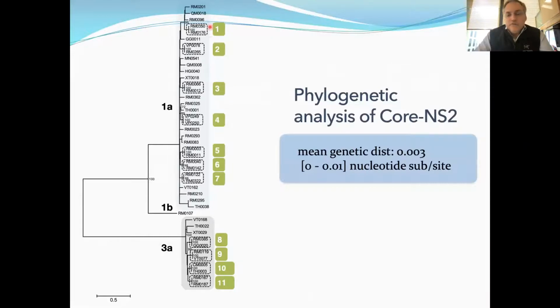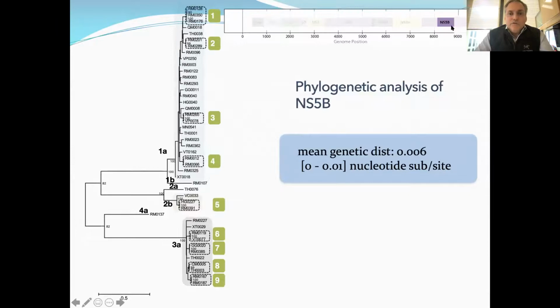In other words, there's enough identity in two individuals to deem them infected with the same strain. Often we'll presume that to be a direct transmission, but there may be an individual or more in between, though they are certainly infected with the same strain of the virus. We did that with core to NS2, and we could also do that with another region, NS5B.